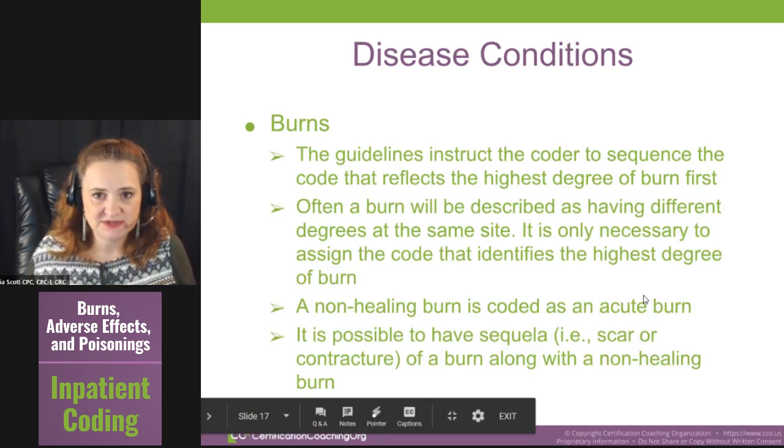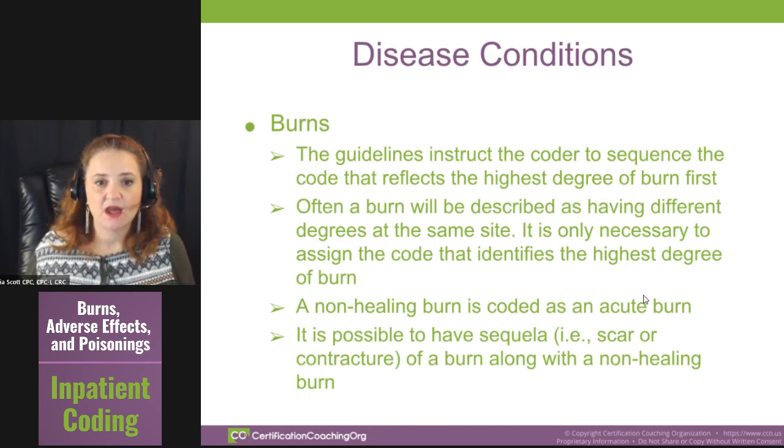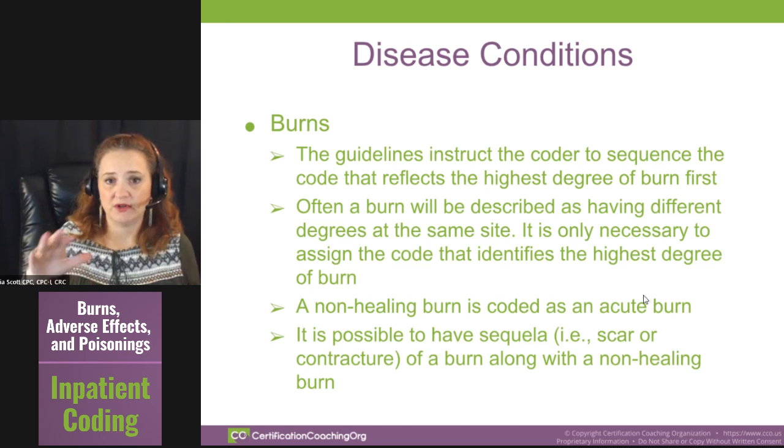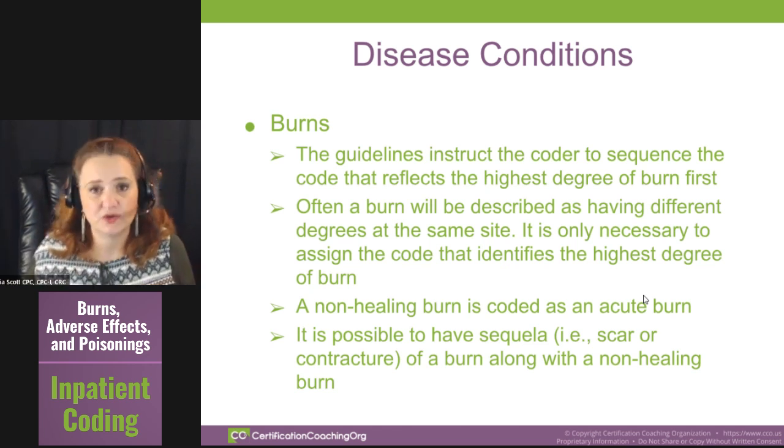With burns themselves, the condition that we should be aware of is, again, highest degree of burn gets sequenced first. When you have a degree of burns for one site, the highest degree will always trump everything else. So like I mentioned, the right arm, so right upper extremity, if you have third degree, second degree burns, you're only going to use one code for third degree burns.